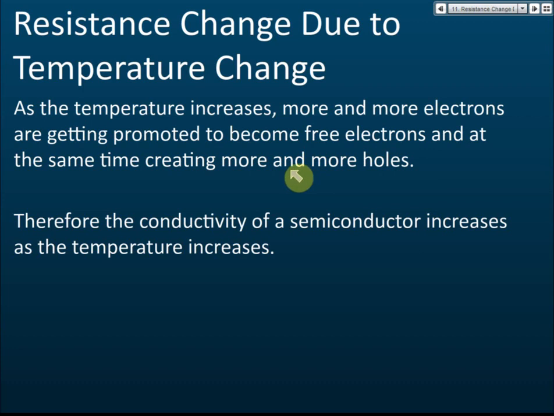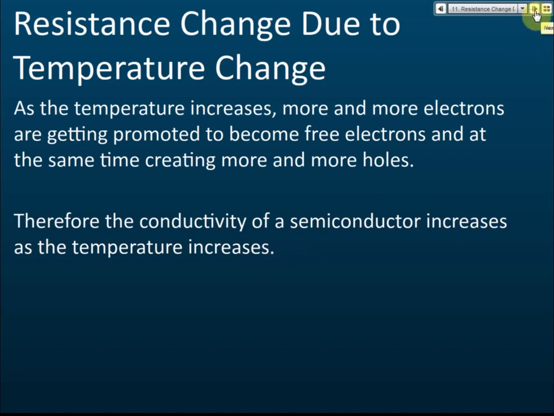If the temperature increases, more and more electrons can jump out and produce more and more holes. So there are more charge carriers, and they can conduct electricity better compared to low temperature. Therefore, the conductivity of a semiconductor increases as the temperature increases.